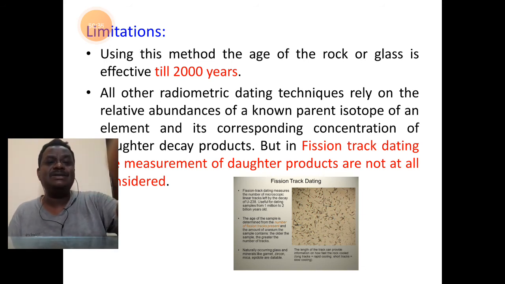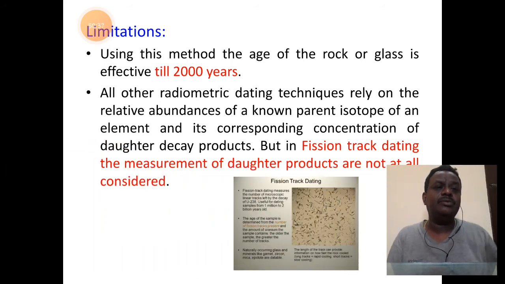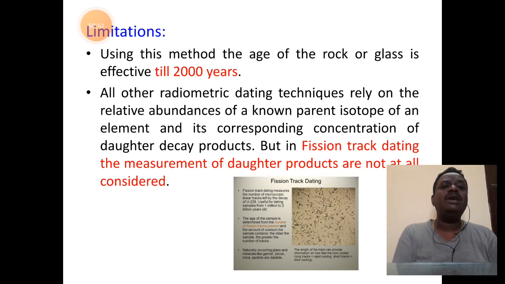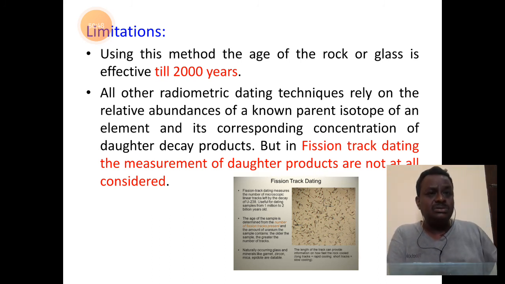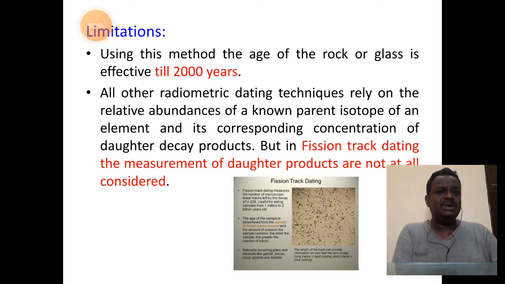The limitations of the fission track method of dating are that it is used only for rocks or any harder material like glass, up to 2000 years of time. And in this method, dating of daughter products is not considered at all.